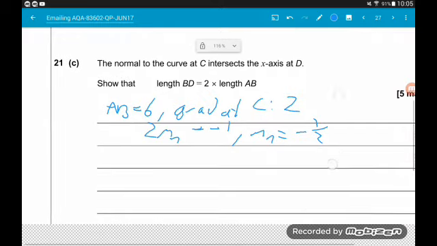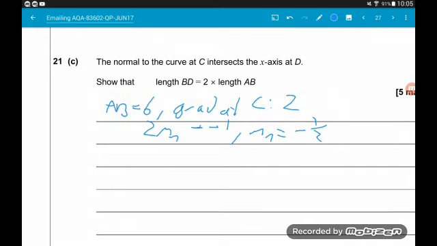If we then stick that into y equals mx plus c, we get y is minus 1 half x plus our constant c. Now we need to find the value of c, so let's see, we're at point C where we know that x is equal to 0 and y is equal to 8.